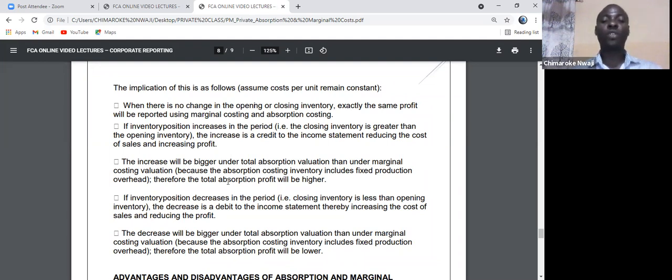And so when there is no closing and opening, there is no inventory to check, the two of them will give you the same profits.